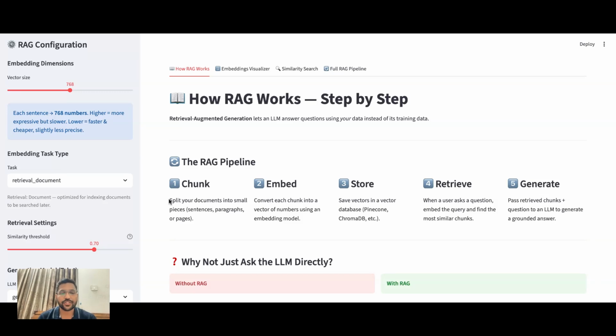Basically we will chunk that data in smaller chunks. For each chunk we do embedding, and after that we will store that data in the vector database. So chunking, embedding, and storing, this is the indexing stage, and most of the time this happens only once.